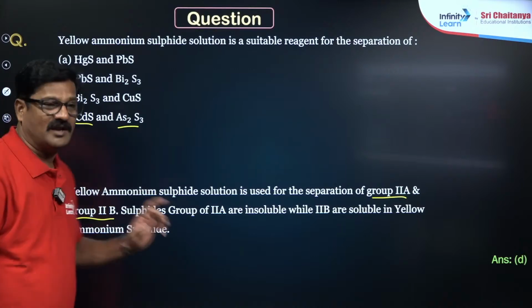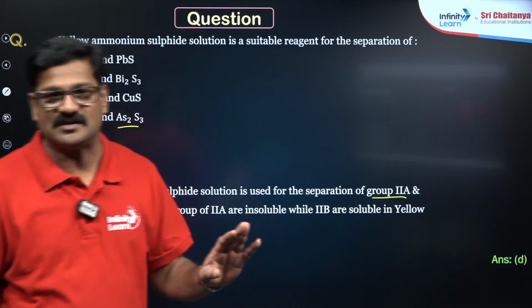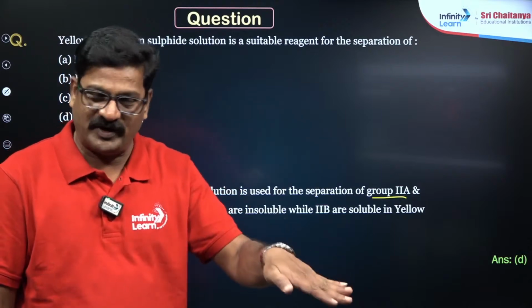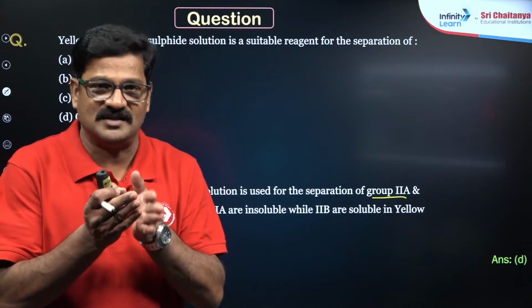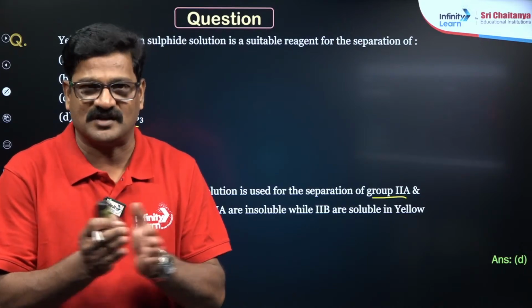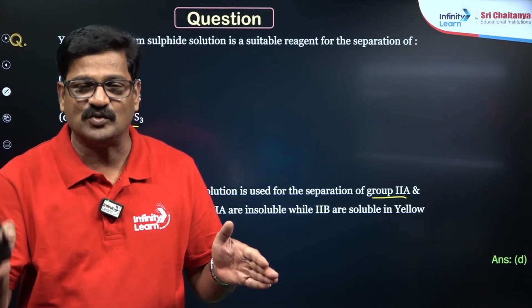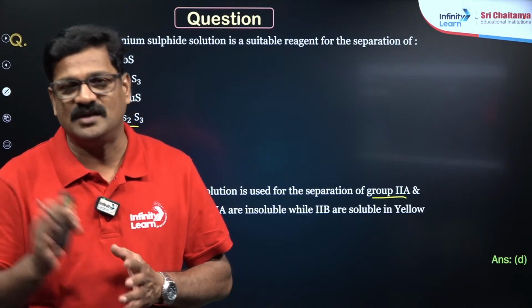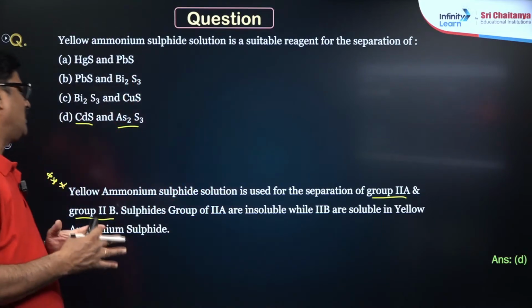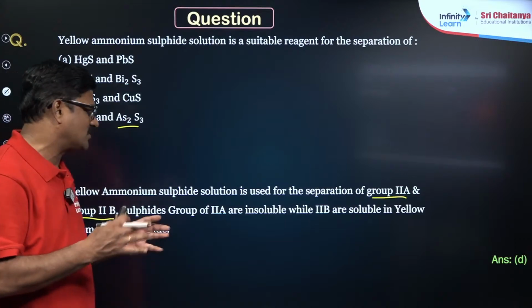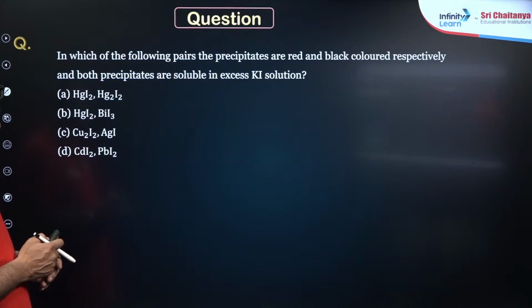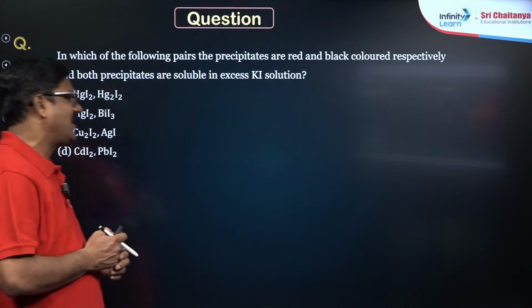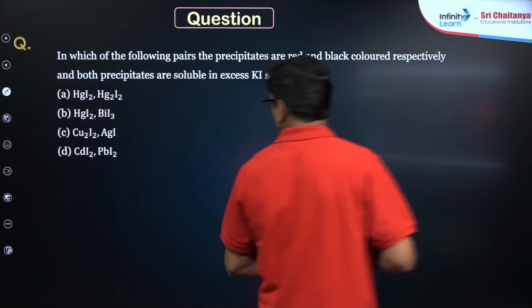So group 2 sulfides are precipitated with H2S in acidic media, and these are of two categories, 2A and 2B: 2A is insoluble and 2B are soluble.